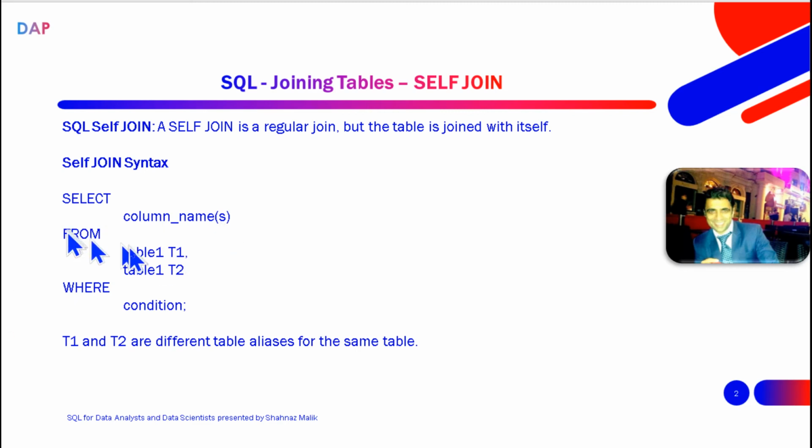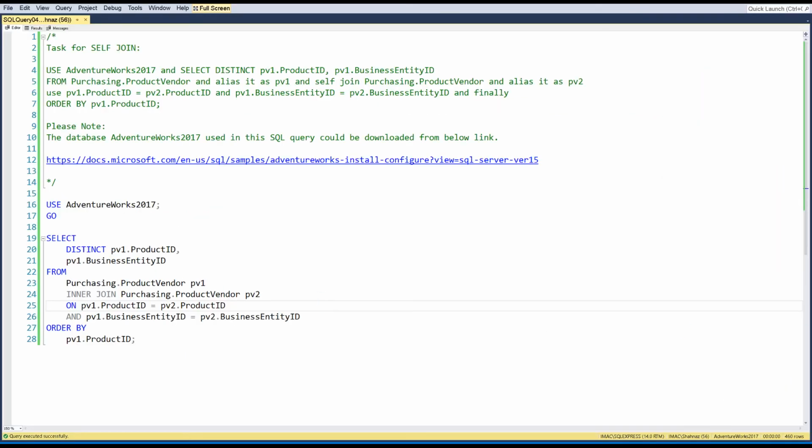Here you see the table is the same, but the alias is changed, with whatever table and column names we need. The table remains the same in both, but the aliases are changed: T1, T2, different table aliases for the same stuff. Let's go back to our query.